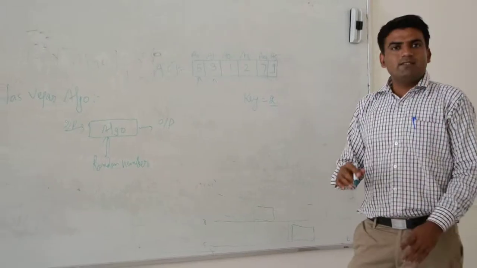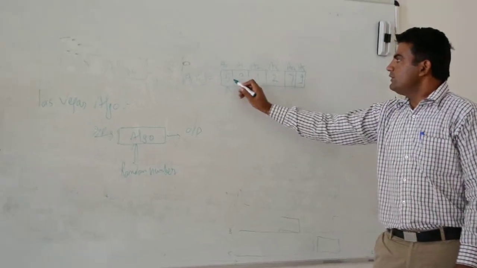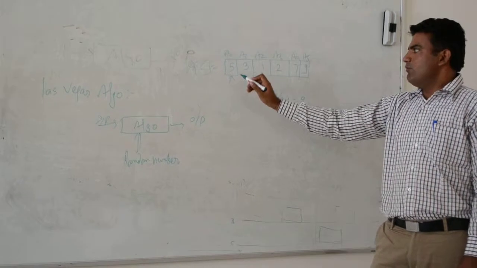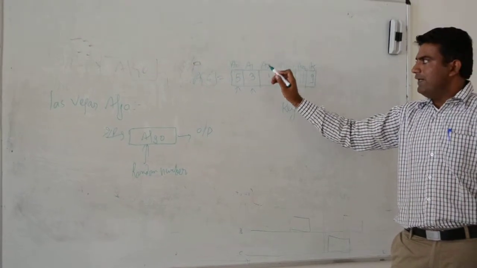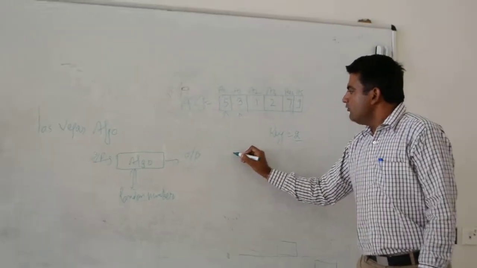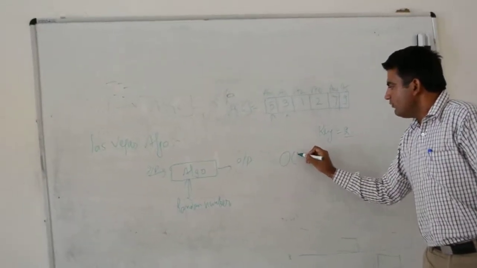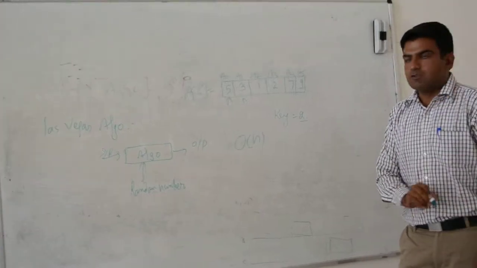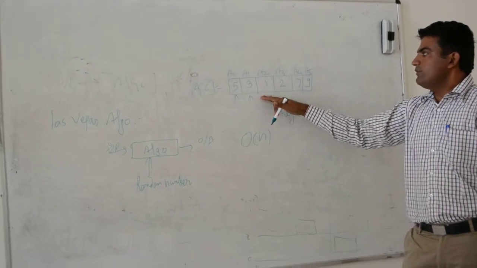We need to compare all the array elements with the key number. So the worst case complexity will be order of n, where n is the number of inputs. This is about the deterministic algorithm.